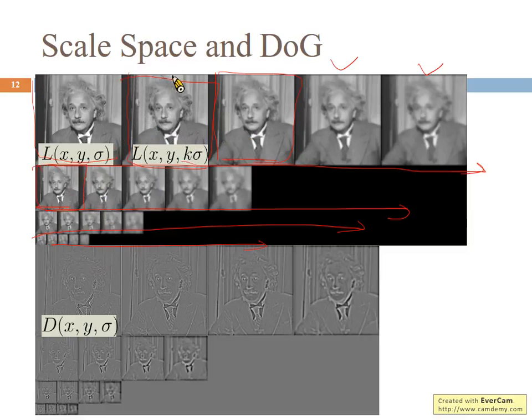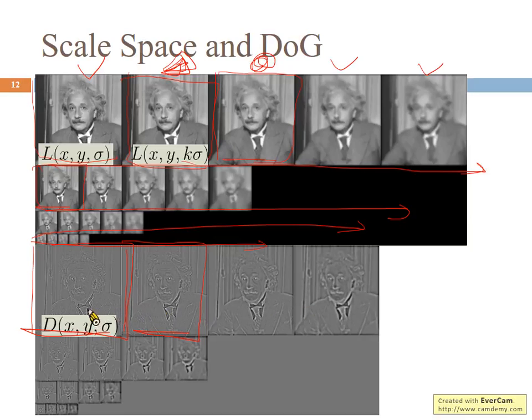And then we subtract this image by this image to get the DOG. So this is the difference of Gaussian image here. We can subtract this image by this image, and then we get this one, and so on.